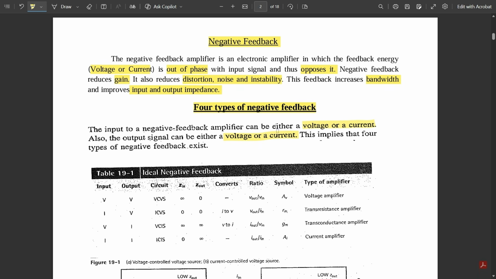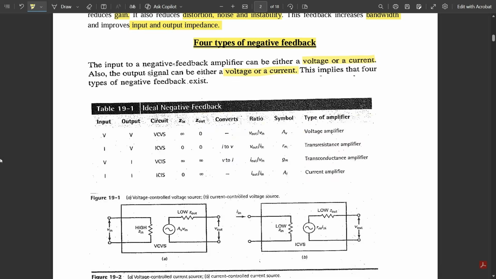So that's why if you compare it, you would be getting four types of feedback circuits. Okay, that is, one is when both the input and output are voltages, that is VV. Then one is when current is input, voltage is output. Then one is when voltage is input, current is output. Then one is when both the input and output are currents. Okay, so like that we are having four combinations and four types of negative feedback amplifier.